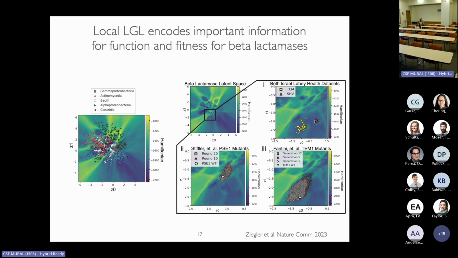So these are SHV beta lactamases, and these are TEM lactamases. Both are sequences that bind to antibiotics, but they have slightly different properties. One has a wider binding site that allows larger antibiotics than the other. So these coordinates are able to pick that up, even though in sequence space, they might not be easy to distinguish. That's the point. Ah, that's great.